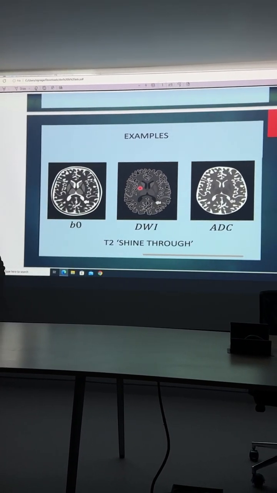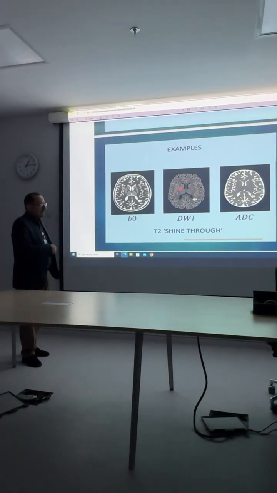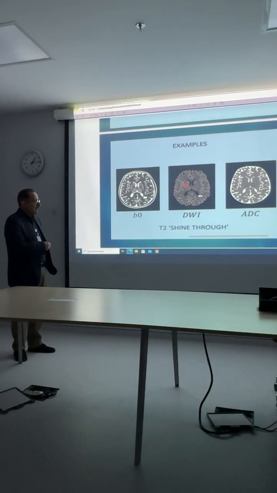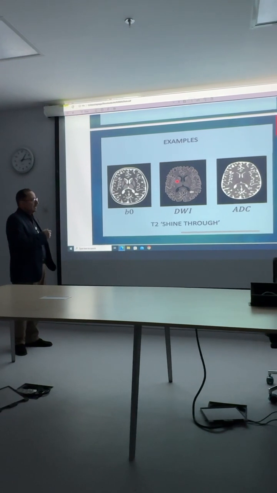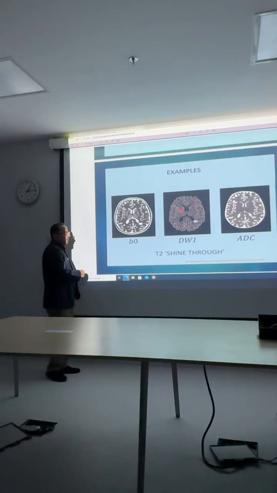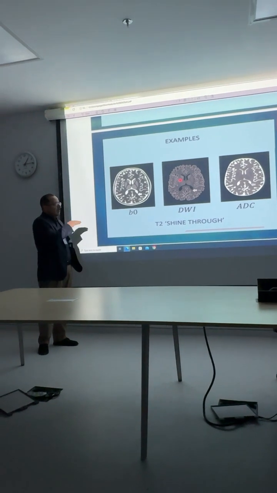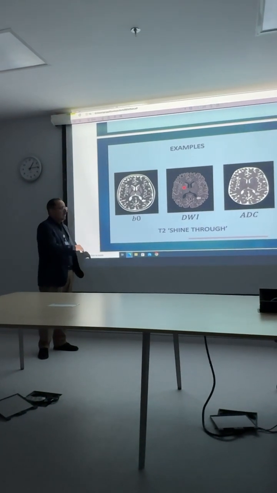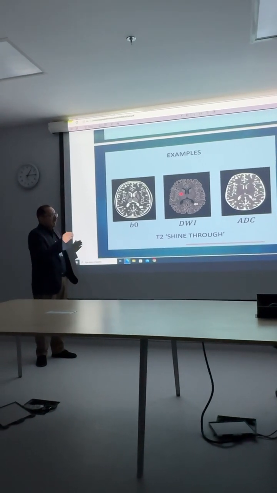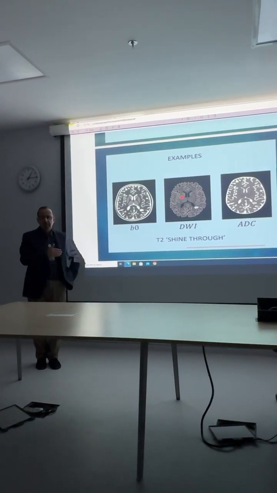There is rather free diffusion in this region. This case is represented as the T2 shine-through phenomenon. How do we explain it? The region we are dealing with has a markedly long T2 relaxation or decay, which shines through the DWI and appears on the ADC, because the ADC is a result of the generation and combination of the DWI and B0.